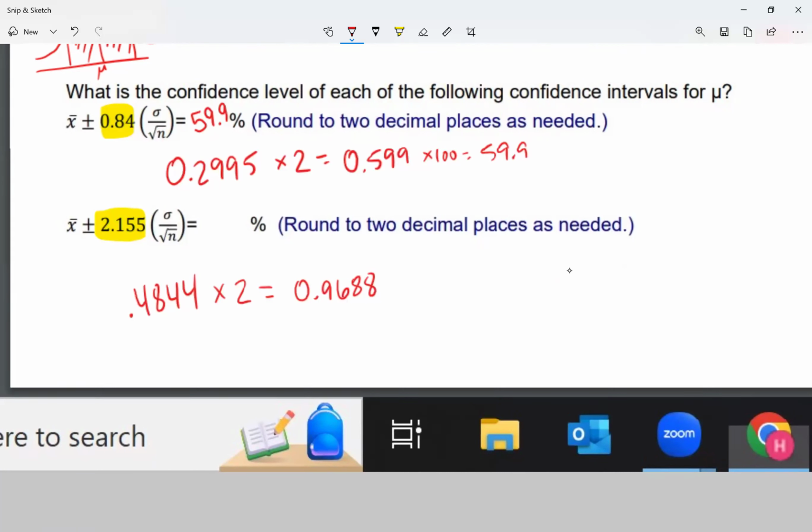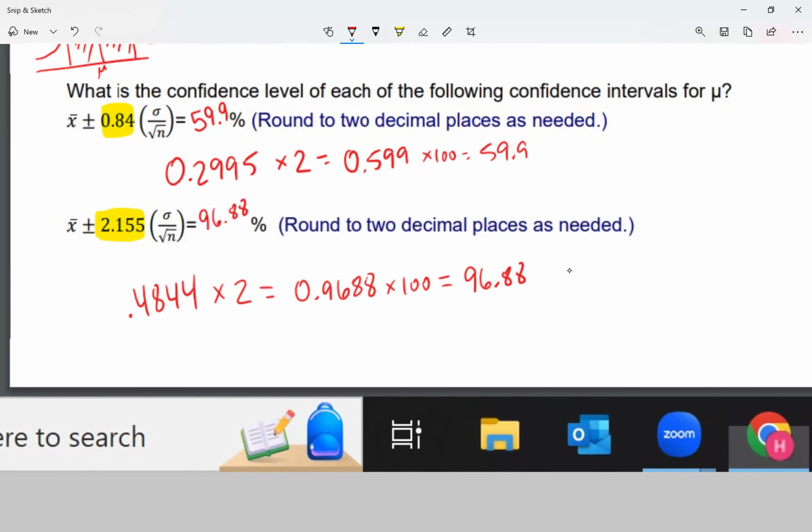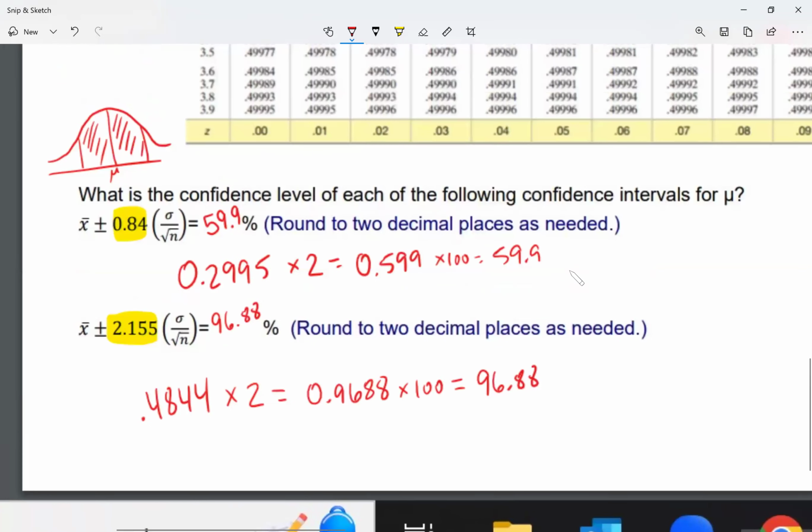So let me multiply this by 100. I know some of you know the shortcut: just move the decimal 2 places to the right. That gives me 96.88. So that will be it. 96.88, rounded to 2 decimal places as needed. I do have it as 2 decimal places, so I'm good to go.